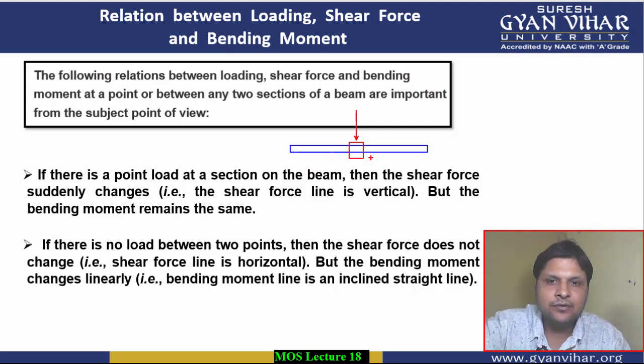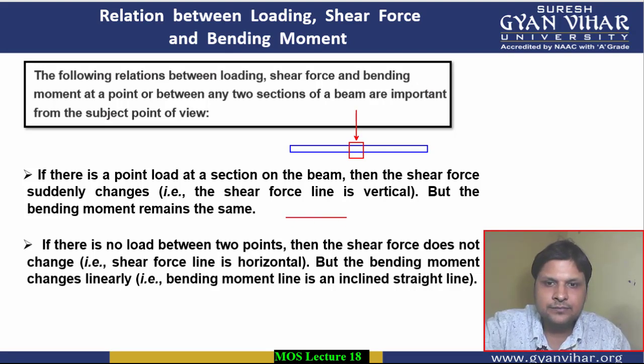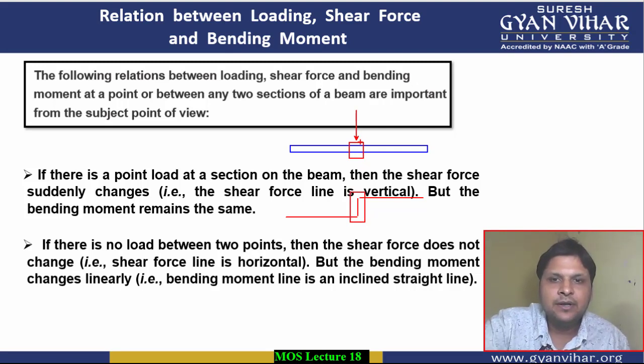When you draw the diagram, you will find that the shear force diagram changes suddenly here. It is drawn somewhat like this. At this particular point where the point load is acting, the shear force is suddenly changing.